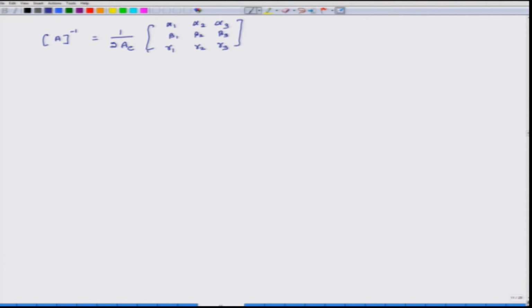A inverse is the inverse of that A matrix, and it is equal to 1 over 2 AE times this matrix, which is alpha 1, alpha 2, alpha 3, beta 1, beta 2, beta 3, gamma 1, gamma 2, gamma 3.